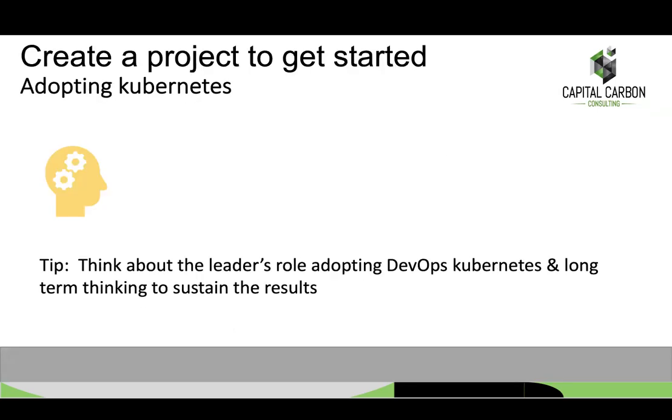So now we are at a stage where we can think about how to adopt Kubernetes. That's the basic information. Before actually starting to install Kubernetes, I would like you all to think about the leader's role in adopting DevOps and Kubernetes, and long-term thinking to sustain the results.